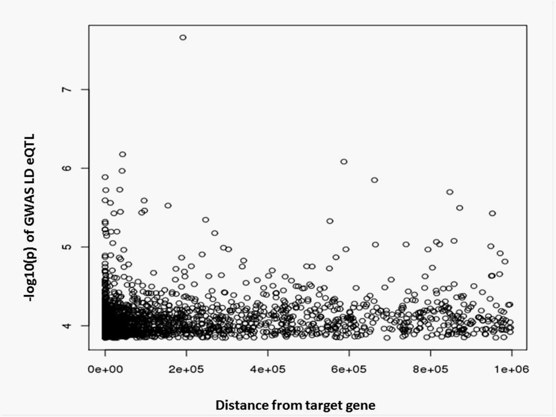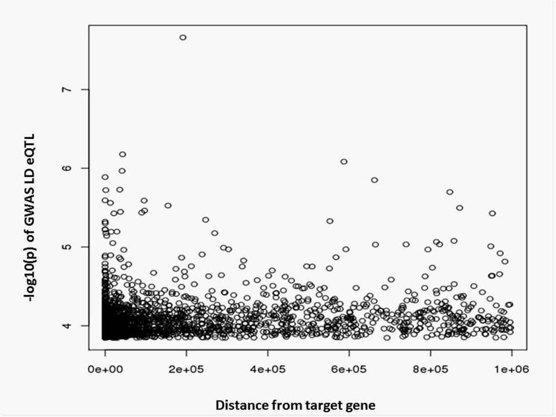And then we are just plotting the, quote, best eQTL, that is the strongest eQTL among that set, and the distance from that strongest eQTL that is associated with a complex trait to its target gene.